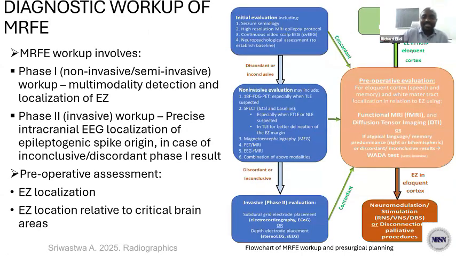Now, this is a chart showing the diagnostic workup of drug-resistant focal epilepsy. The diagnostic workup of drug-resistant epilepsy actually involves two phases. The first phase is the use of non-invasive or semi-invasive modalities for the localization and detection of the epileptogenic focus.